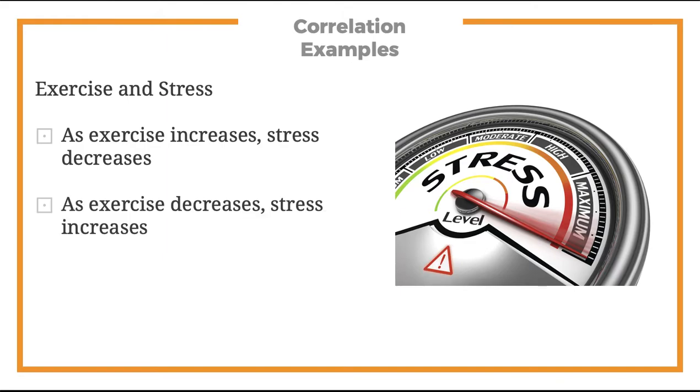On the other hand, as our exercise decreases, our stress increases. So the less we exercise, the more stress that we feel. These two variables are considered negatively correlated because they're moving in opposite directions. Exercise is increasing while stress is decreasing. They're moving in different directions, and that is considered a negative correlation.